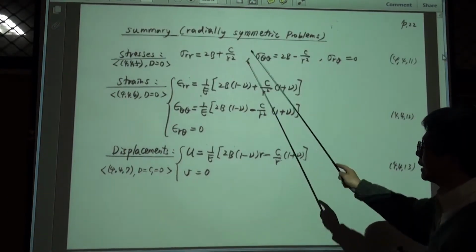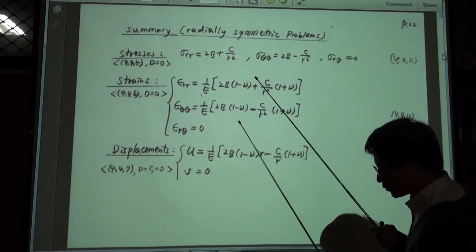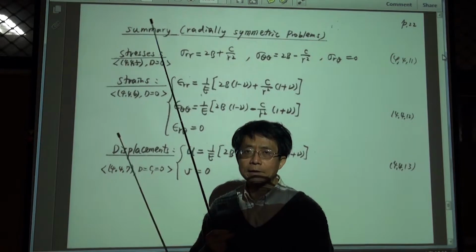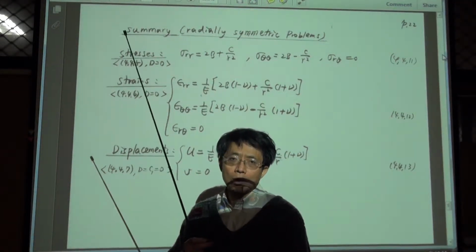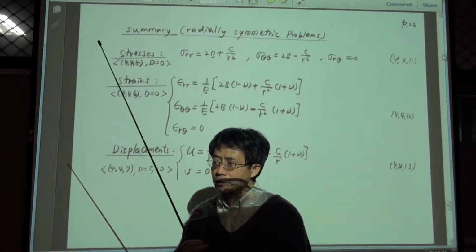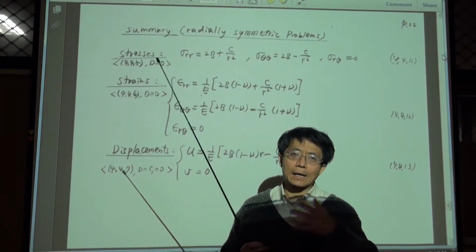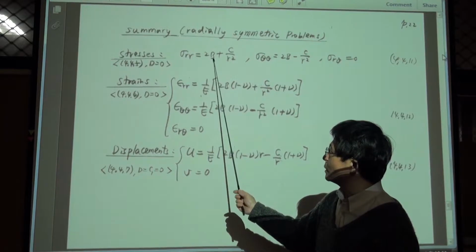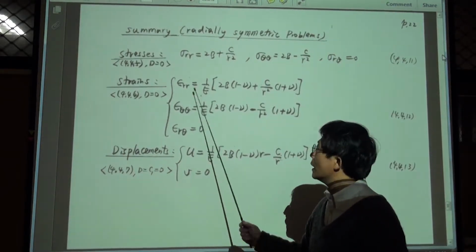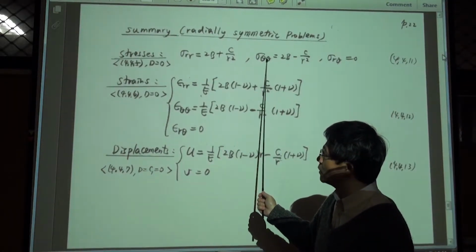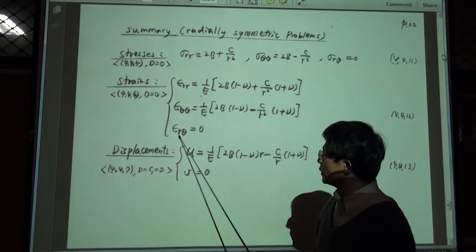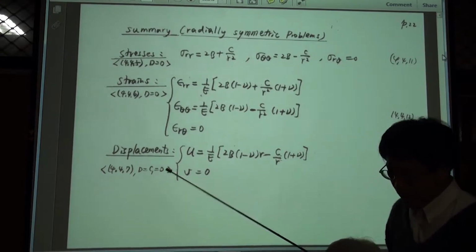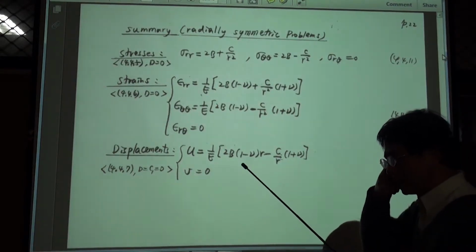So this is the final result for the whole set of physical quantities for axisymmetric problems. For any axisymmetric problem, the stress fields are written here, the strain fields are written here, and the displacement field is written here. Okay, so it seems pretty okay.